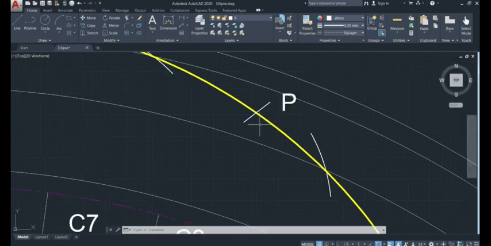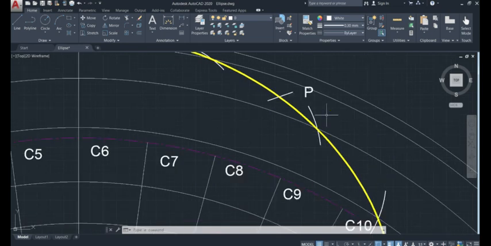For drawing tangent and normal, we have to draw an arc of radius 20 mm, which is the radius of the generating circle, with the center P, and this arc should be intersecting the central arc here, like this.